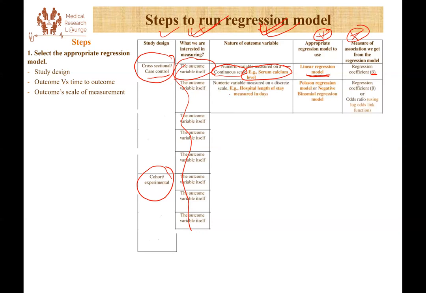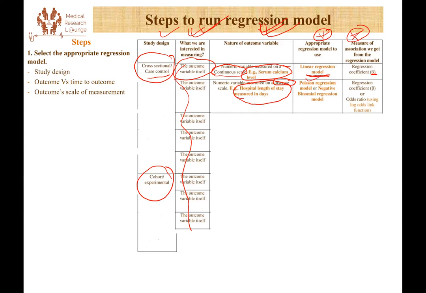And if the outcome variable is on a discrete scale, that means count data. For example, let's say we're interested in studying hospital length of stay among ICU patients, then this is count data. We're counting the hospital stay in terms of number of days, whole number of days. So the first option is to use a Poisson regression model.